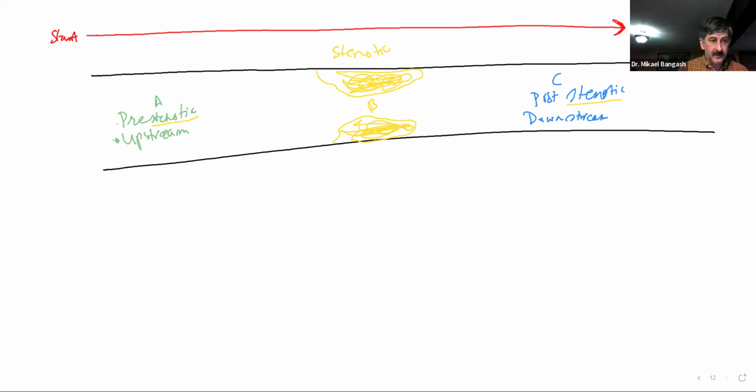Now, guys, as far as the flow patterns are concerned, upstream the flow will be pulsatile. Right at the stenosis, we will have a turbulent flow.